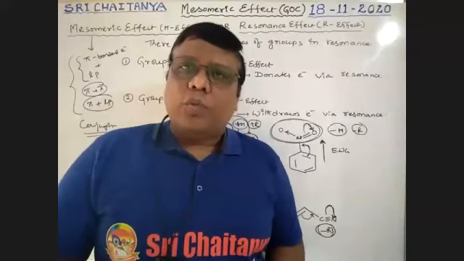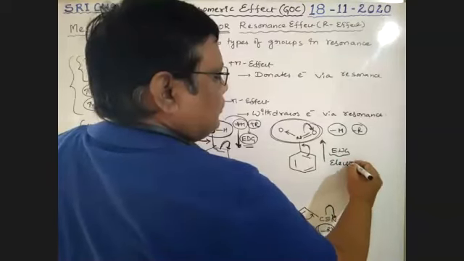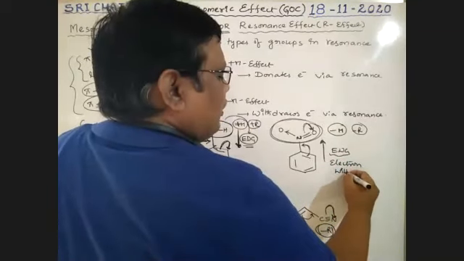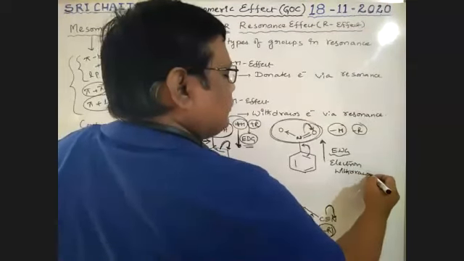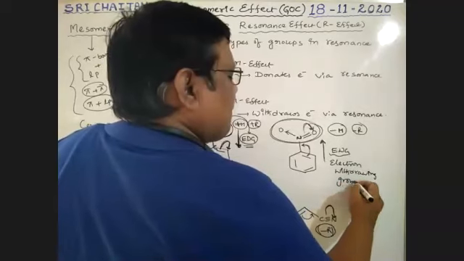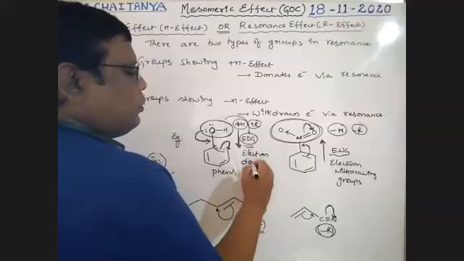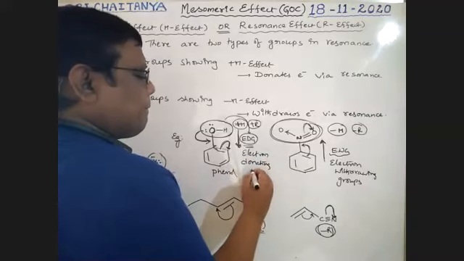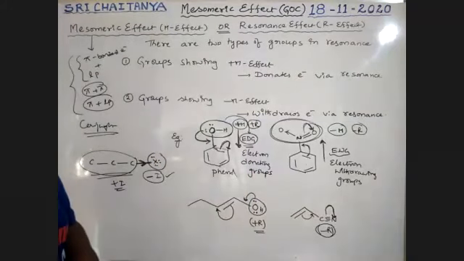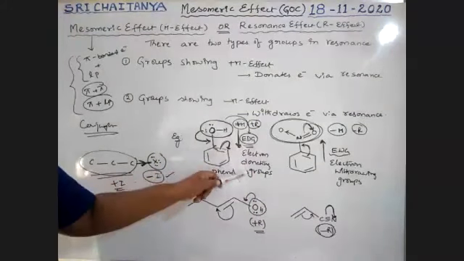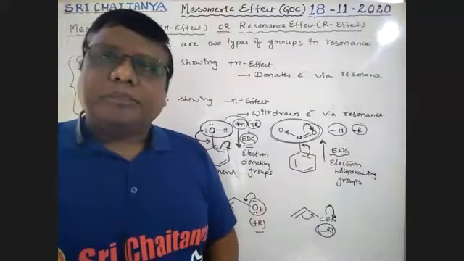Electron withdrawing groups, electron donating groups, boys. For electron donating group I'm using the shortcut EDG, and for electron withdrawing groups, EWG.